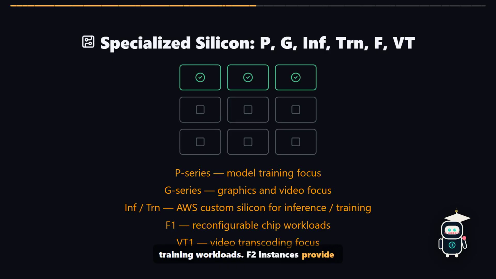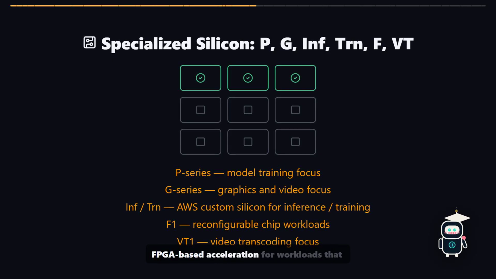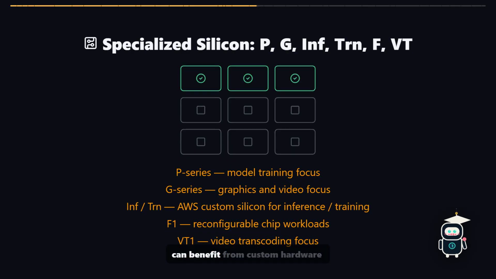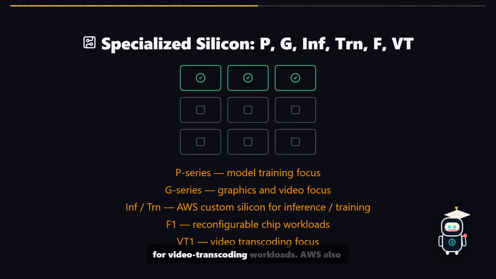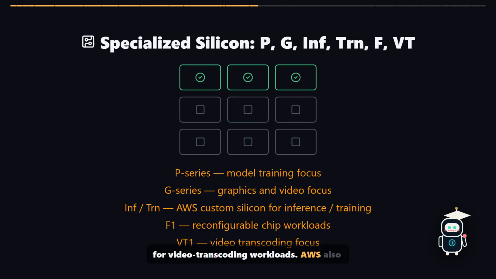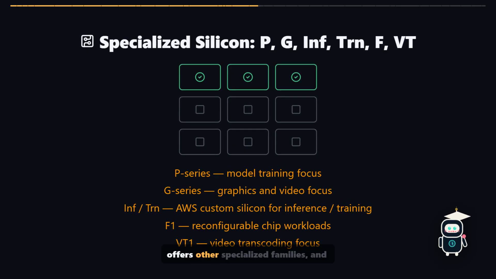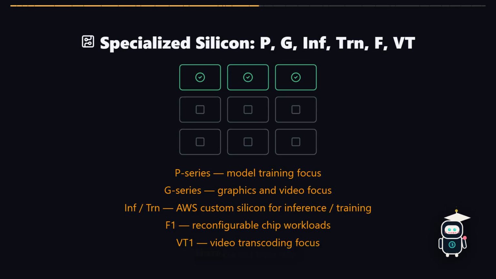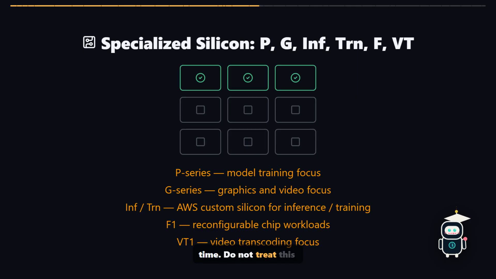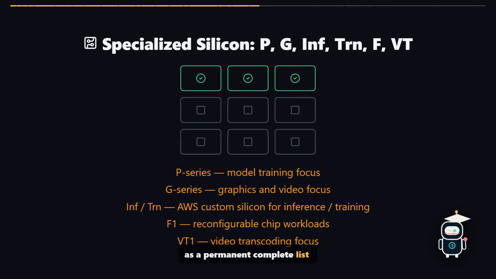F2 instances provide FPGA-based acceleration for workloads that can benefit from custom hardware logic. VT1 instances are designed for video transcoding workloads. AWS also offers other specialized families, and the available catalog changes over time. Do not treat this as a permanent complete list or assume that a label makes a workload compatible.